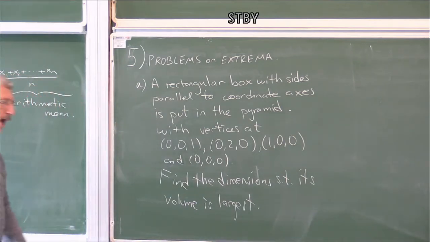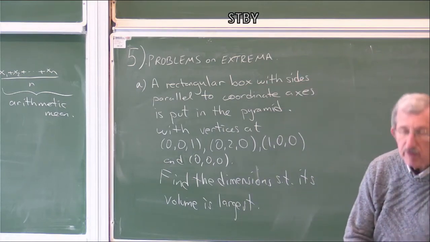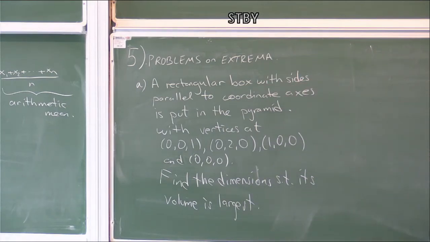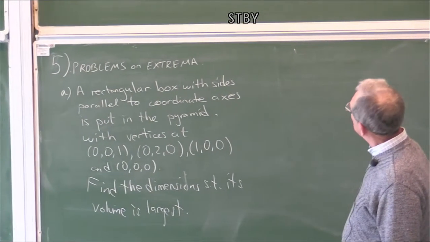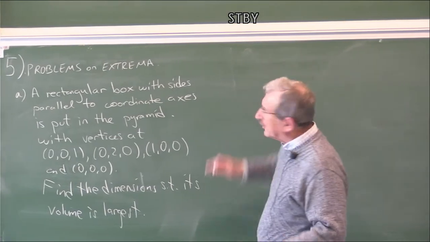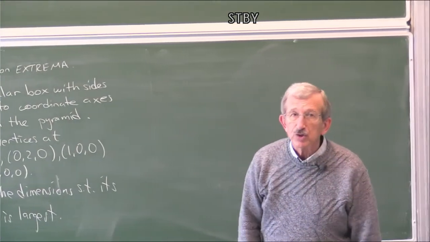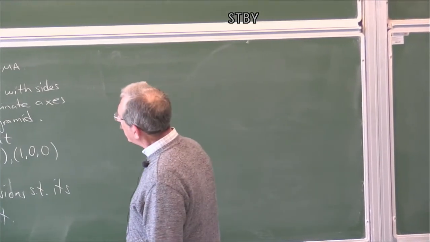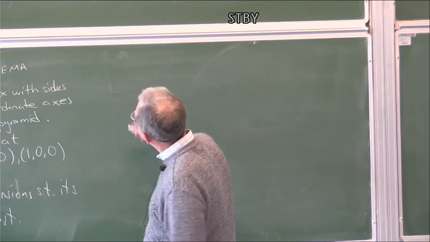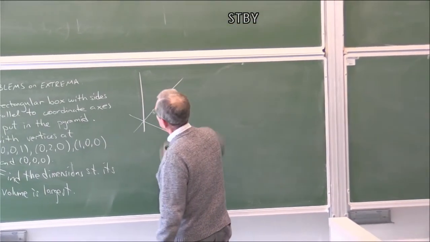As with problems of extrema, optimization, that is, in one variable as well, we usually sketch so that we can see better what the geometry really says. Well, first of all, we have a pyramid with these vertices, so it is something like this.